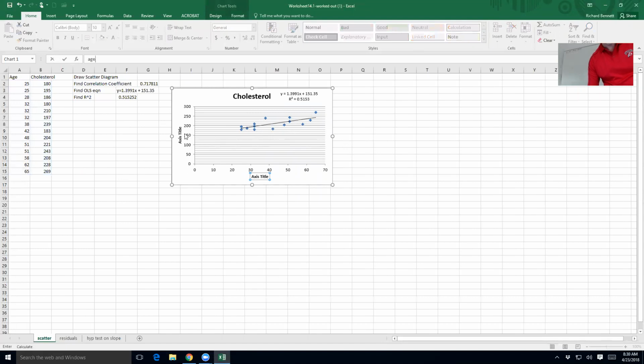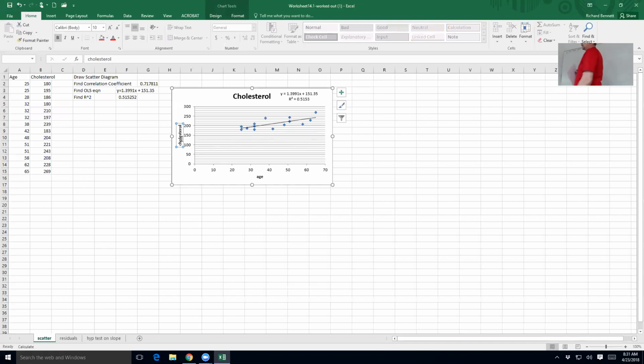Age, cholesterol. Okay. And it looks like there probably is.